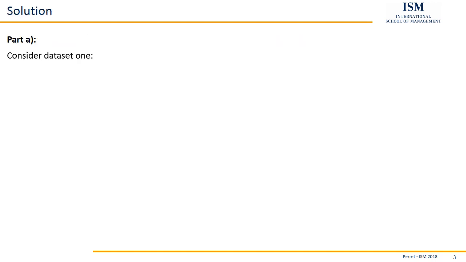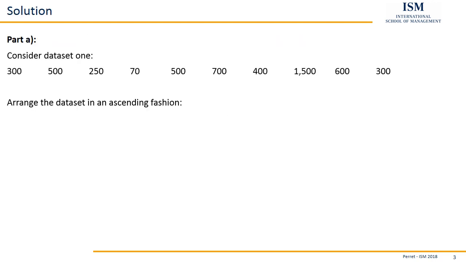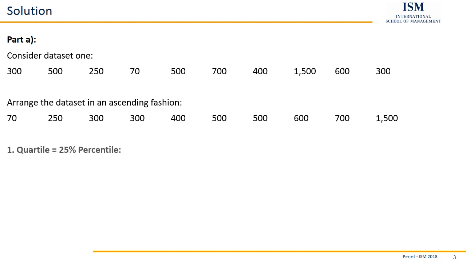Start with the first one, so we take data set 1 and first arrange it in an ascending fashion. After we've done this, we start calculating the first part, the 25% percentile, which is more or less the first quartile. How do we go about this? If it's the 25% percentile, we multiply 25% with the amount of data points.